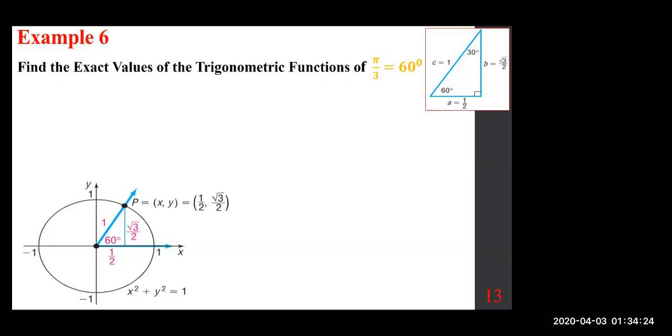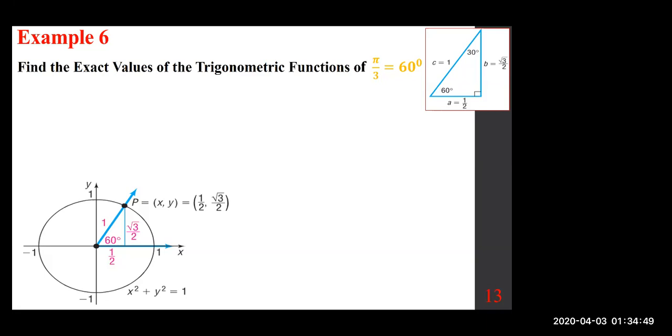All right, so we are ready to actually calculate just about everything here. So what do we have? First and foremost, sine of pi over 3 is the y coordinate, which is square root of 3 over 2.